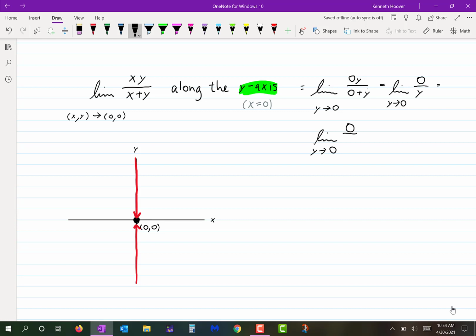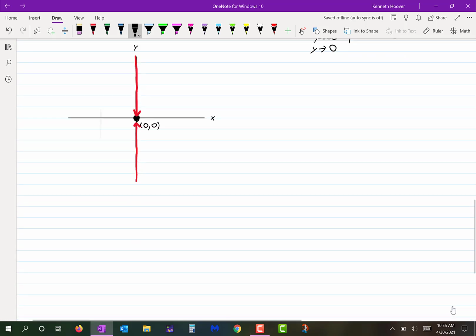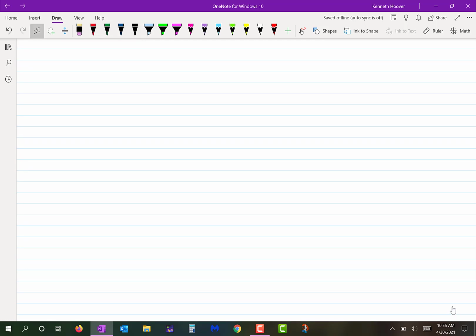The derivative of y with respect to y is 1. And so our answer is going to be 0. Okay? So let's do a few more questions like that. And I'll throw in some other ones as well of the first type I showed you.